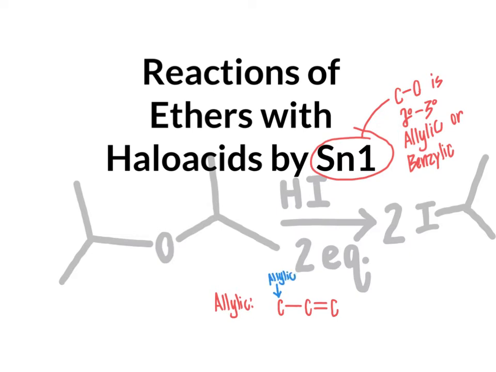So if we have an allylic carbon, that's going to favor undergoing the Sn1 type mechanism because it can readily form a carbocation. Same thing, or similar thing, if we have a benzylic carbon. A benzylic carbon is one that is adjacent to an aromatic ring.